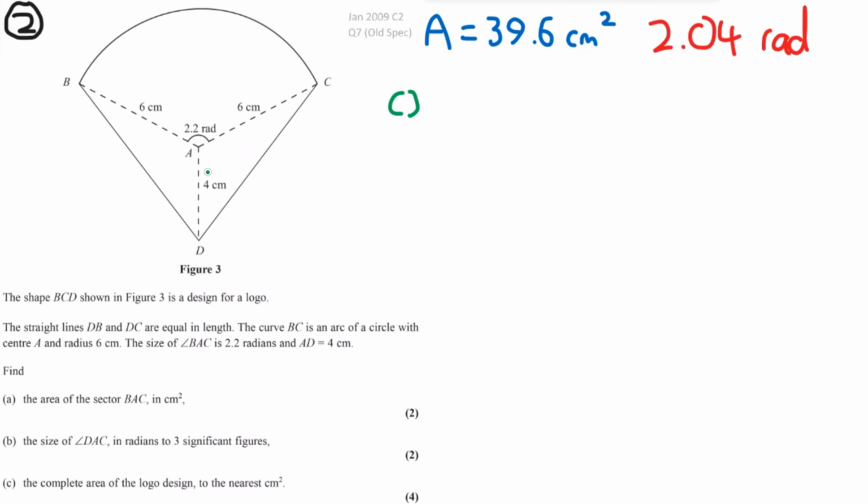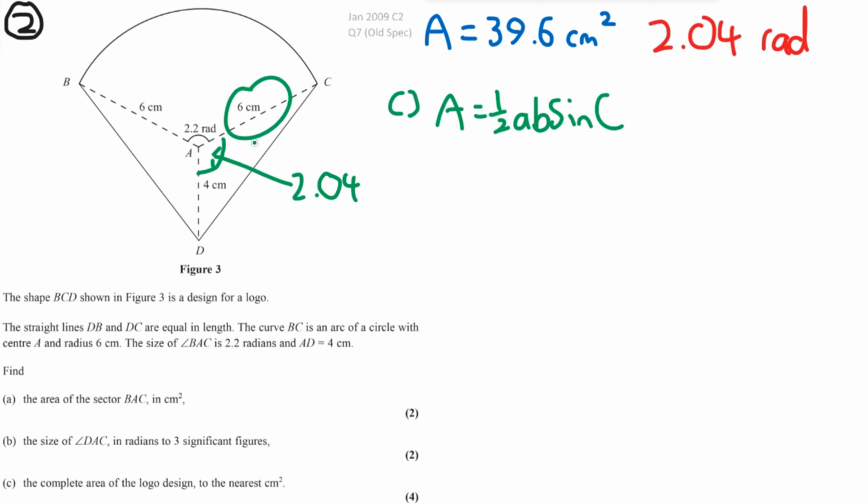So let's focus on this triangle, and we figured out before that this angle here is equal to 2.04 radians, and therefore we have two sides and the angle in between. And remember, whenever we see this relationship here, we can always use the formula for the area of the triangle. Area is equal to half AB sin C, like this, where A and B are the two sides of the triangle and the angle in between is C. So whenever you see the two sides and the angle in between, you know you can use this formula here.